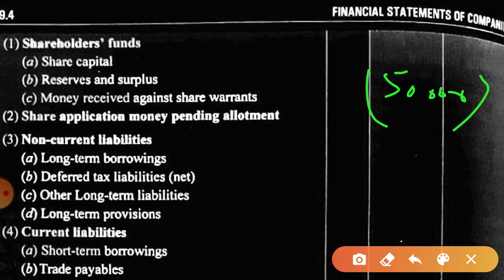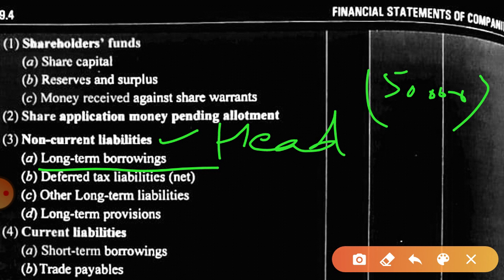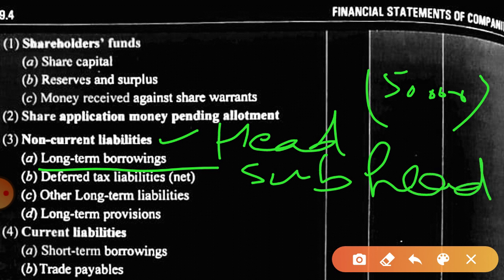Now we'll discuss long term borrowings, under non current liabilities. This is the head, and this is the subhead. Long term borrowings is the subhead. In this subheading, what items will be treated?